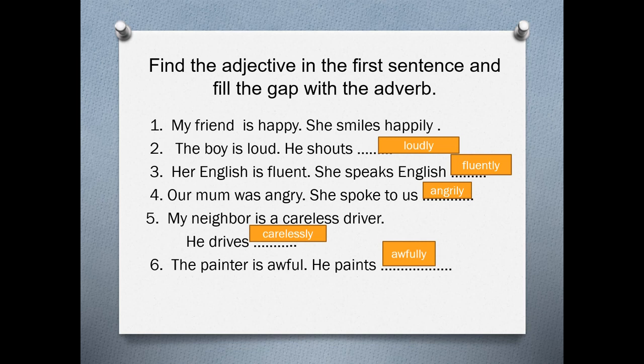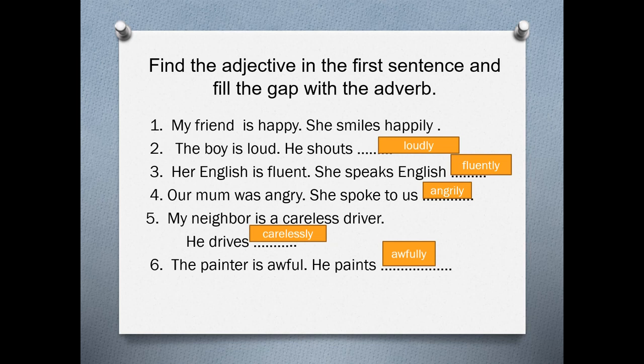Okay. My friend is happy. She smiles happily. The boy is loud. He shouts loudly. Her English is fluent. She speaks English fluently. Our mom was angry. She spoke to us angrily.